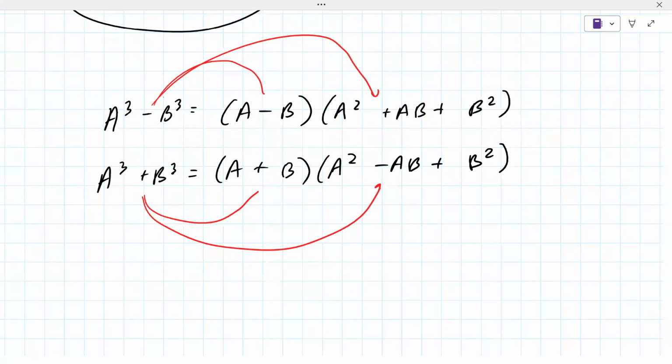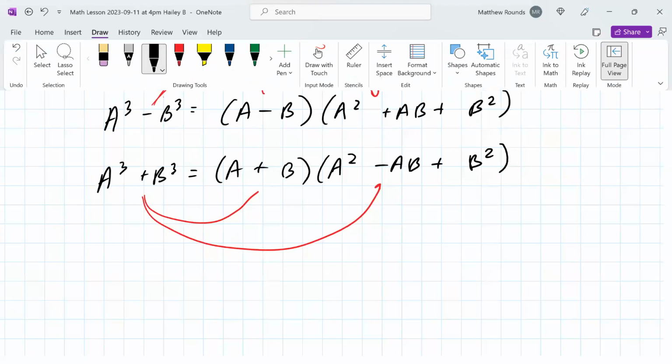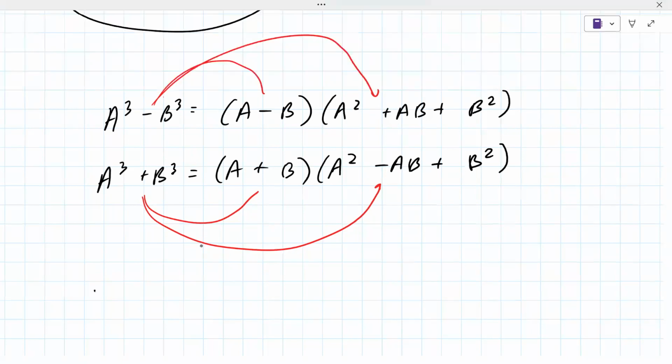So we got enough time here. We can do another problem. We'll keep it pretty simple though. All right. Well, let's just say I give you something like 27x cubed plus 1.